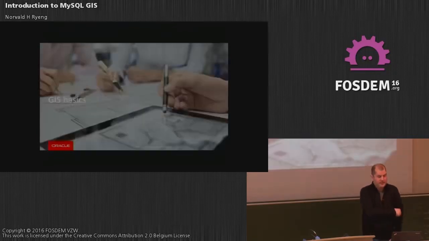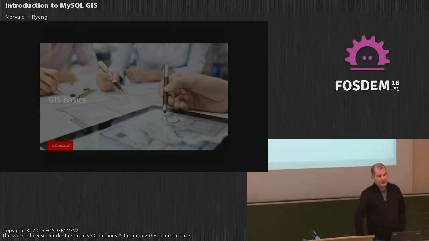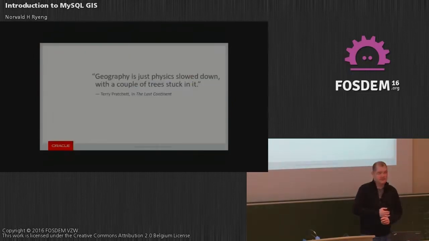Then on to the basics. GIS in databases is not really hard, at some level at least, when you have a library that does the math for you. So what you need is basically data types. You need an index so you can make optimizations and search fast, and you need functions to calculate things.